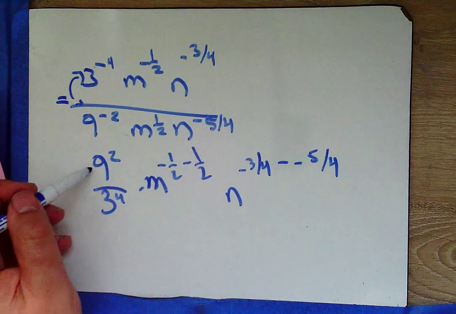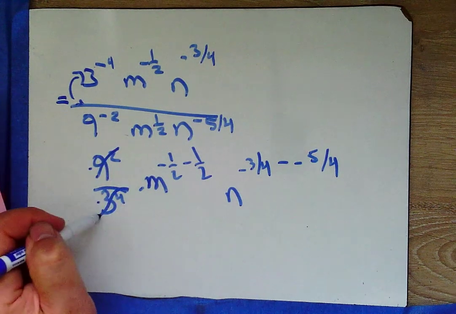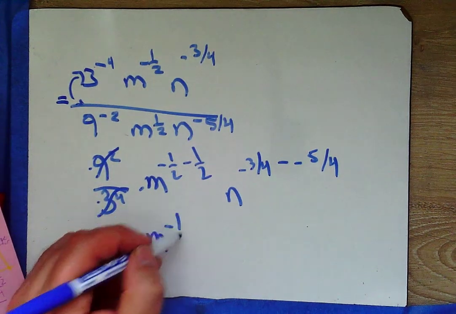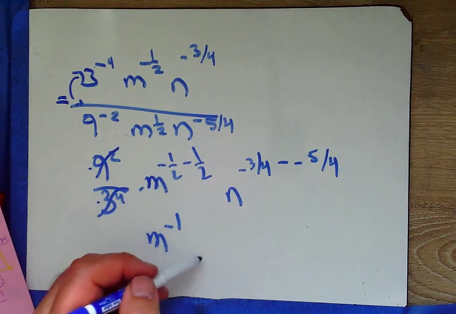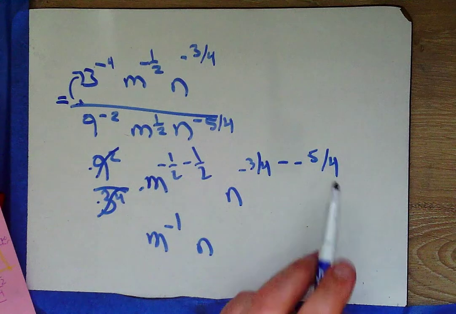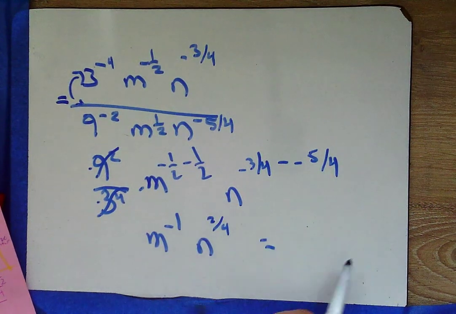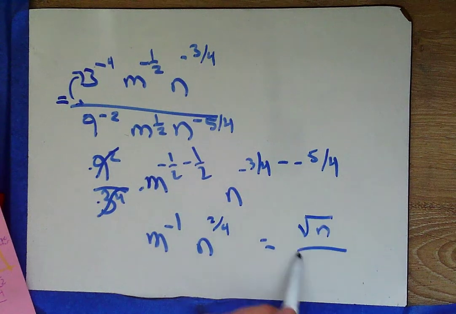Now, curiously, here I have 81 over 81, so they cancel each other out. I end up with m to the negative 1, n to the minus 3/4 plus 5/4 is 2/4. Or square root of n over m.